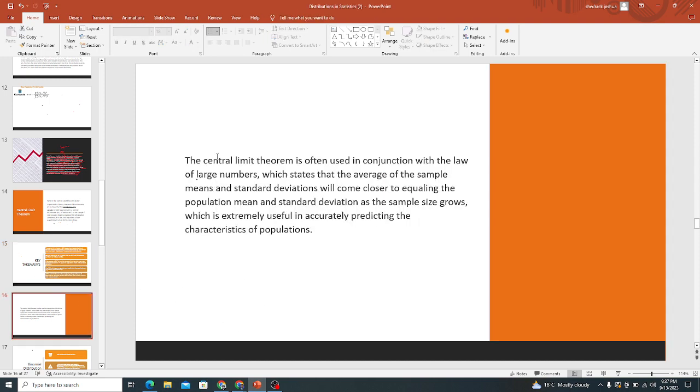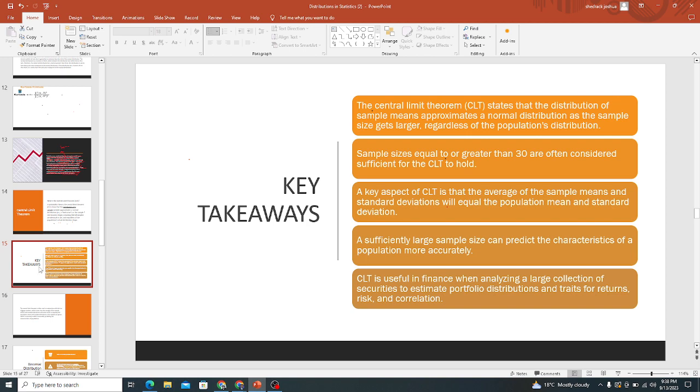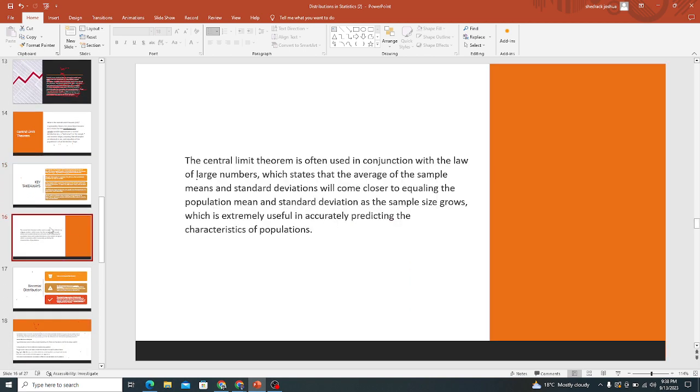Then the central limit theorem is often used in conjunction with the law of large numbers, which states that the average of the sample means and standard deviation will come closer to equaling the population mean and standard deviation as the sample size grows, which is extremely useful in accurately predicting characteristics of the population. Yes, I guess this is what I had defined above.